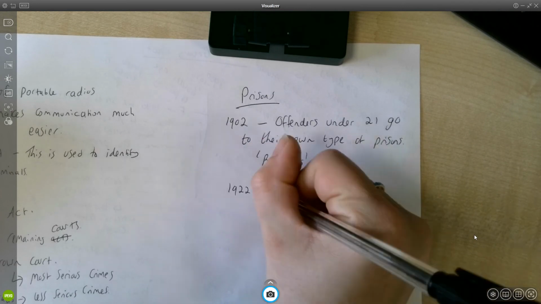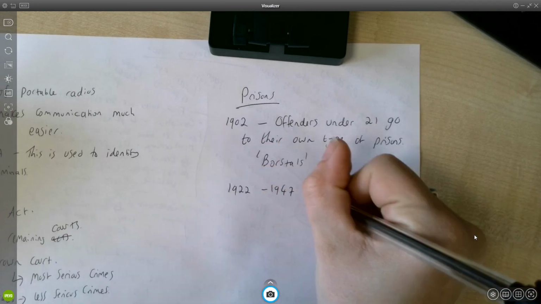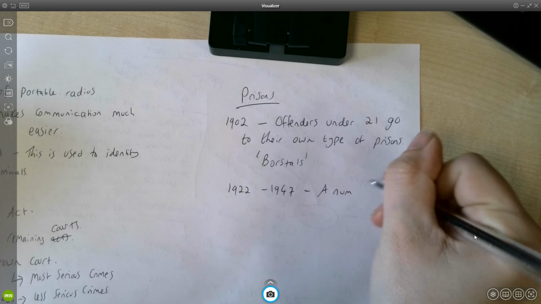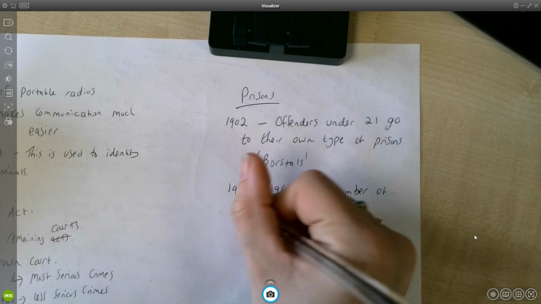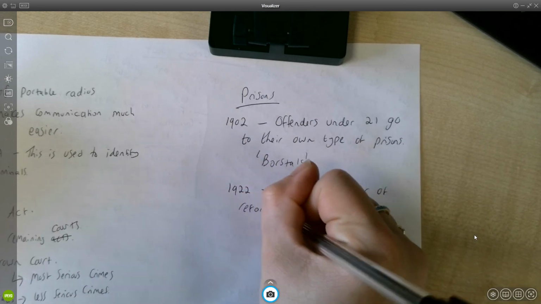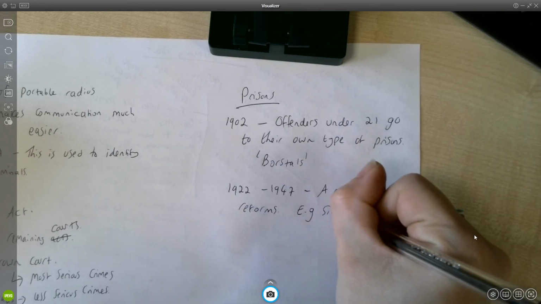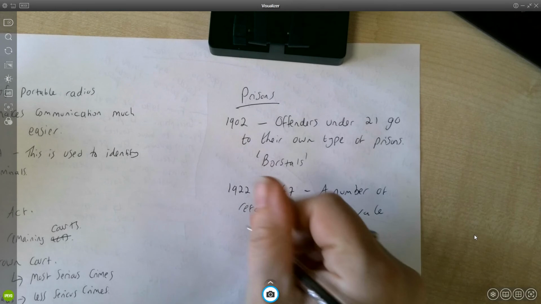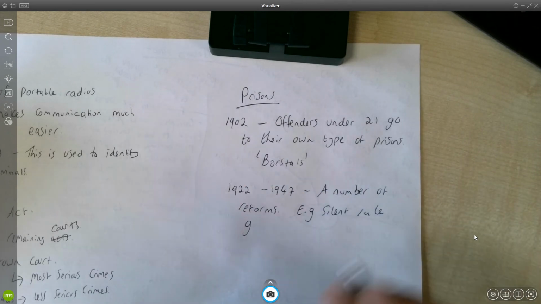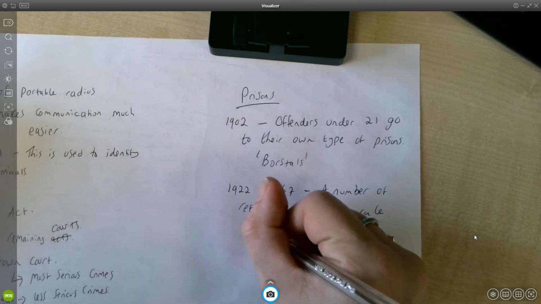Between 1922 and 1947, there is a number of prison reforms, so changes to try and make prisons better. For example, the silent rule was greatly relaxed. Prisoners do meaningful work.